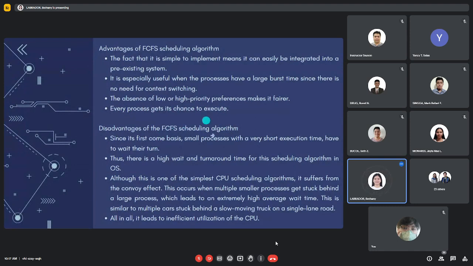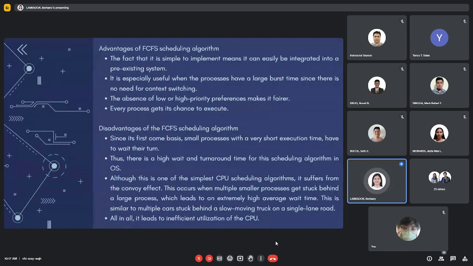If there are advantages of first come first serve, there are also disadvantages. The first disadvantage is that since it's on a first come basis, small processes with a very short execution time have to wait their turn. Thus, there is a high wait and turnaround time for this scheduling algorithm in OS.